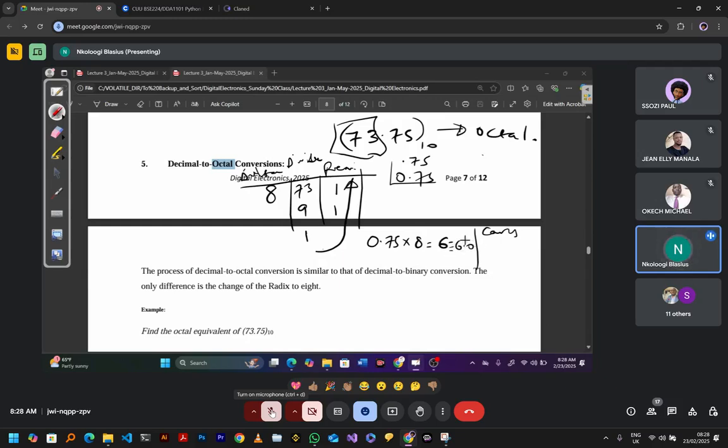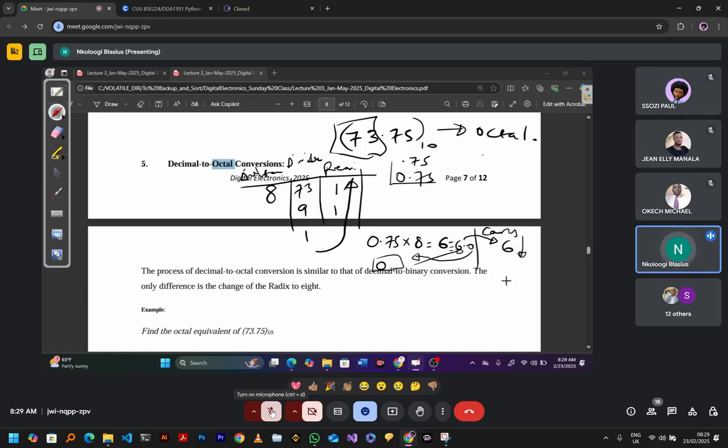So that means that the carry is going to be 6 here, and then the new multiply is going to be 0. But we said that the moment you see a 0, then just stop there and don't even record it. And then record the carries in the forward direction.